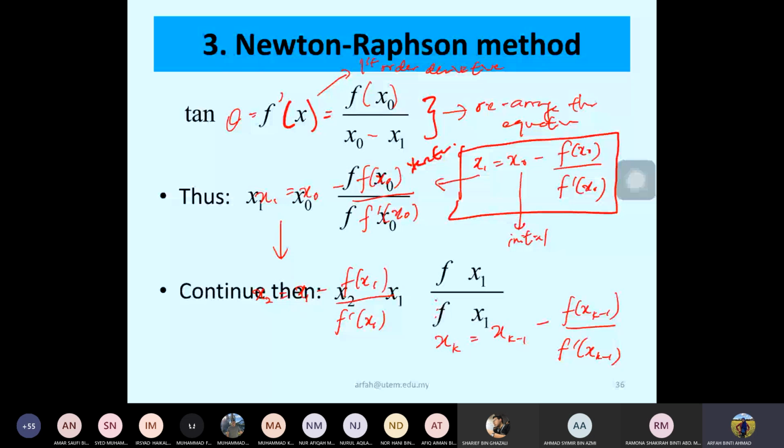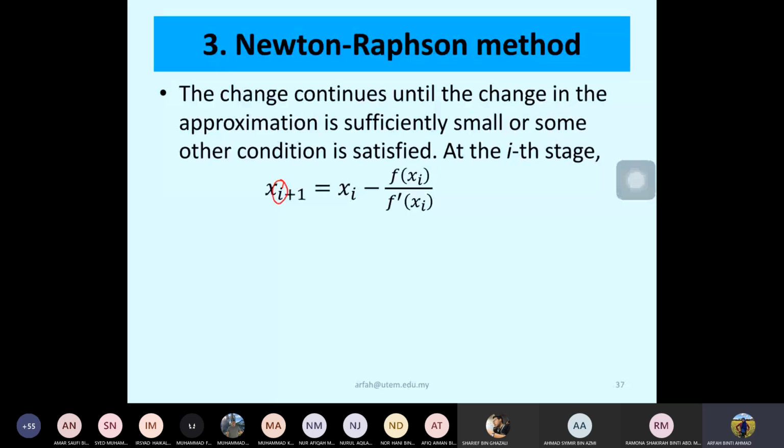So notation dia kadang-kadang ada buku yang guna k, kadang-kadang ada buku yang guna i, kadang-kadang ada buku yang guna m, n and so on. So you just have to know i ini refer to iteration. Dia sama je. xk akan sama dengan xk minus 1 minus f of xk minus 1 divided by f prime xk minus 1.